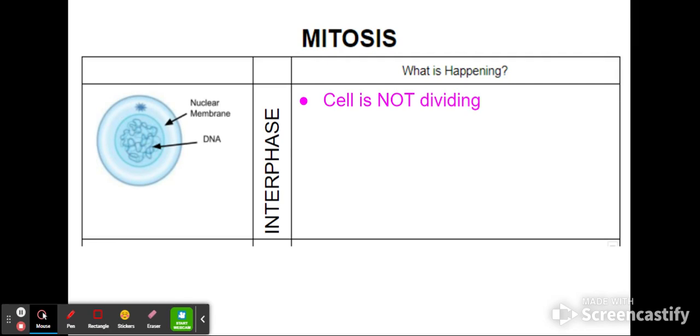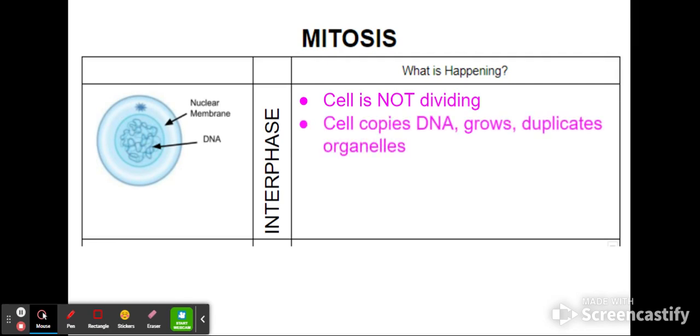So what is it doing if it's not dividing? Well, it's got to do some stuff so it can get ready to divide. It's got to copy its DNA. Oh, if we have to make 2 cells, we need 2 copies of DNA. It's got to grow. It's got to get bigger. And copy or duplicate its organelles.